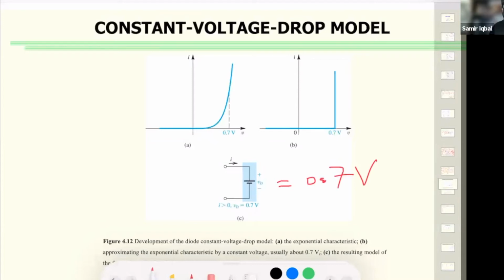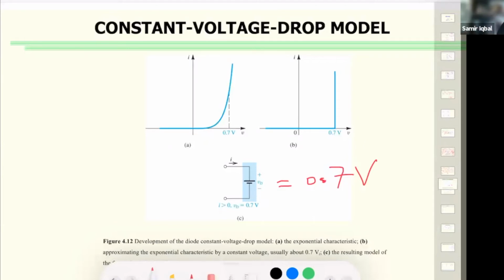Remember, at the start, we were just taking a diode to be either an open circuit where there was no current flowing, so whatever voltage is applied, you get on the other side, or we were taking forward bias as a short, so there was no voltage drop.